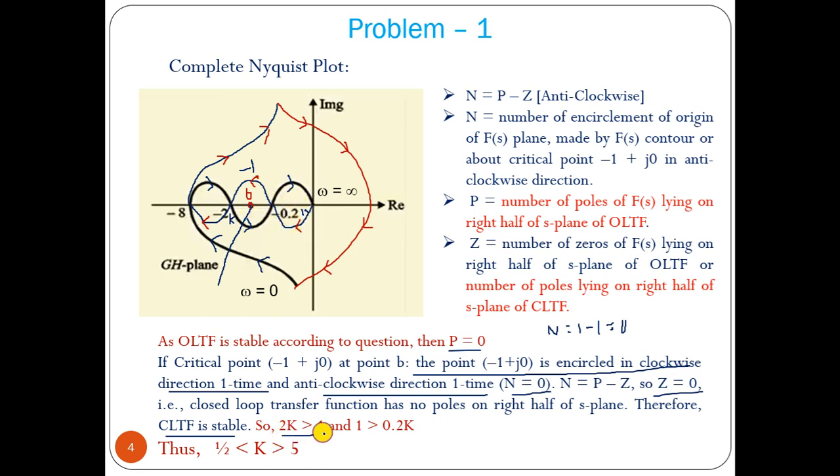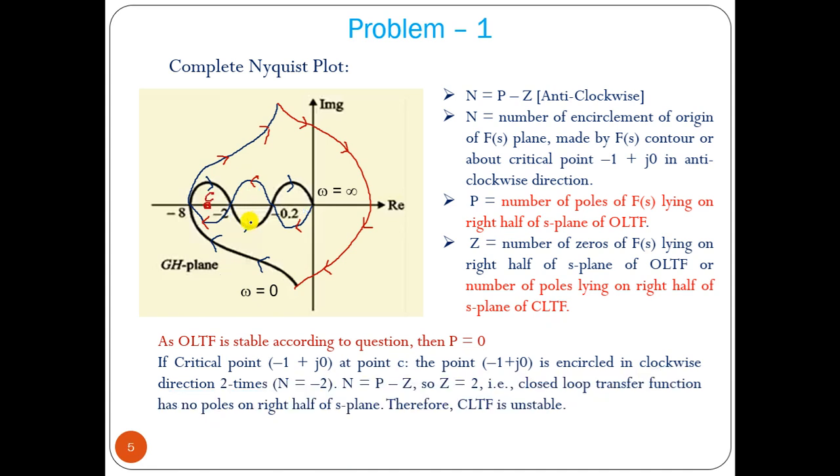So 2k greater than 1, this point is minus 1, we can take the magnitude, we can neglect the negative sign. So 2k greater than 1 and 1 greater than 0.2k. These are the two conditions. From these two conditions we can find out the stability, this is the first condition, right. So k should be greater than half and k should be less than 1 by root 25. So that is the range of stability from this point B.